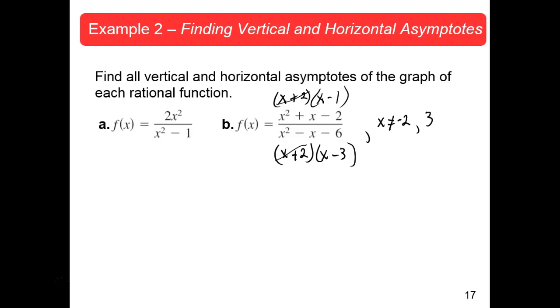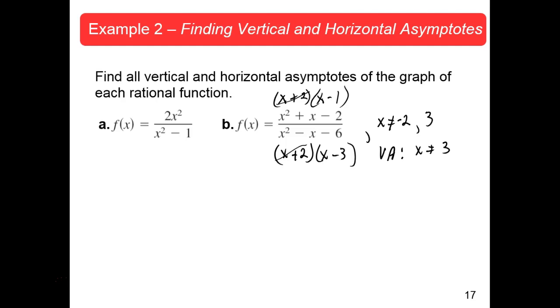X can't be plus 3, that would have made your denominator 0. But this one is not a vertical asymptote. This one is. So your only vertical asymptote is x cannot equal 3. The x can't equal negative 2, that's still true, but it's not a vertical asymptote. We'll see how that plays out in a minute.